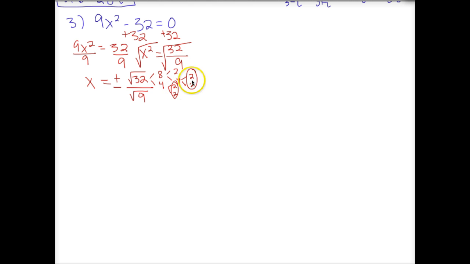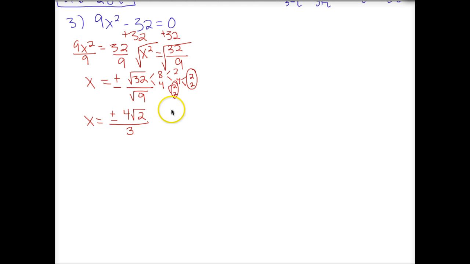So a 2 times 2 gets to come to the outside. So 4 on the outside. On the inside, just a 2 stuck in the middle. Bottom, square root of 9 is easy. It comes out evenly. It's 3. Sorry, I made my line a little too long here, although it really doesn't matter. So plus and minus 4 radical 2 over 3 is my answer there.